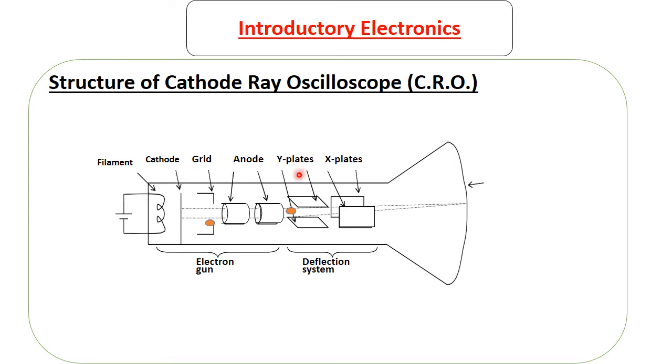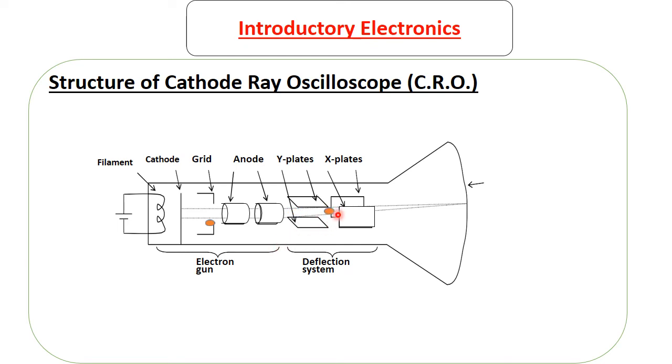So after that, there is what is called the deflection system. The deflection system is of two types. There is the Y plate and the X plate. For the Y plates, let's say you have this image but you want to take it up or down. The job of the Y plates is to deflect the electrons up or down.